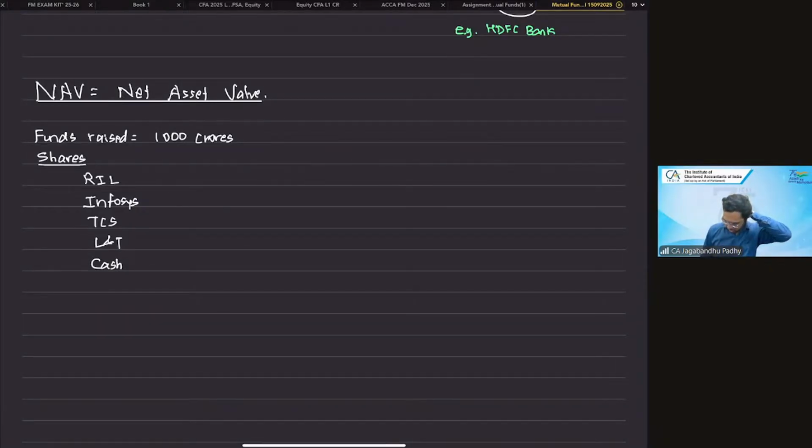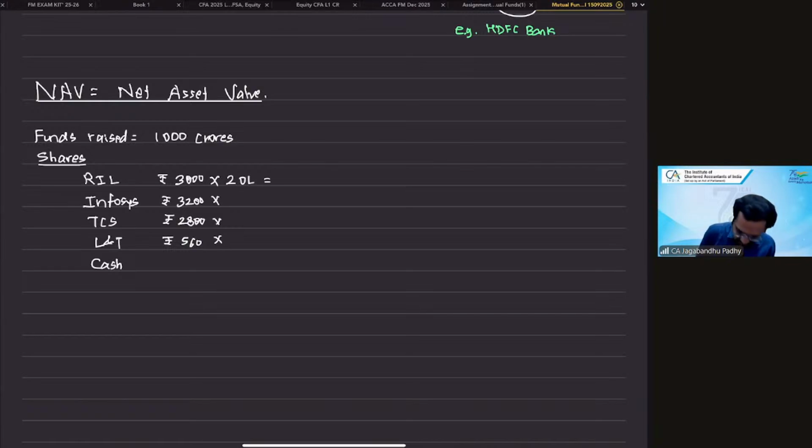So suppose we bought Reliance shares at a price of rupees 3,000, Infosys shares at a price of 3,200, TCS shares at a price of 2,800, L&T at a price of 560. So we bought certain shares.